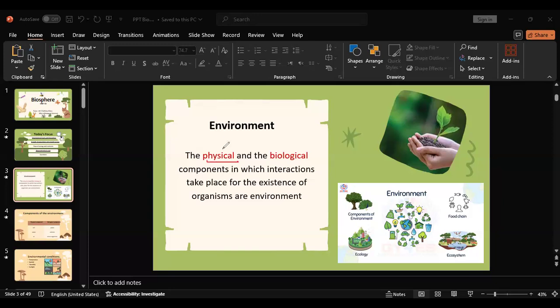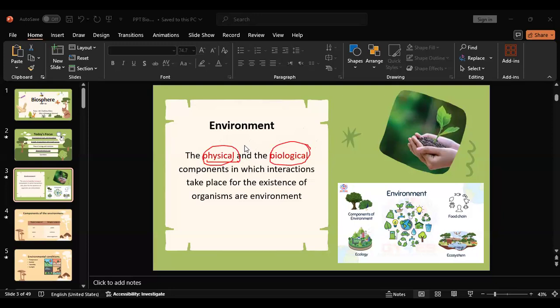There are physical components as well as biological components in the environment. They interact together in order to make a suitable place for the existence of organisms; that is the environment. In this definition you find two important words. The first one is physical, another one is biological.